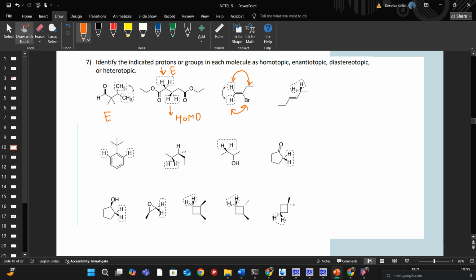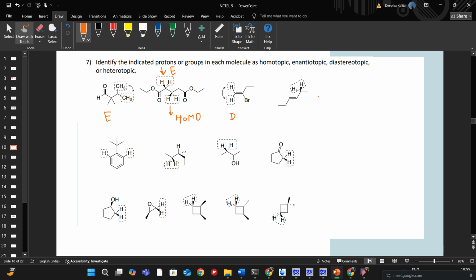Hence, these two protons which are shown with the dotted boxes are not present in the chemically same environment, which makes these two protons diastereotopic protons.